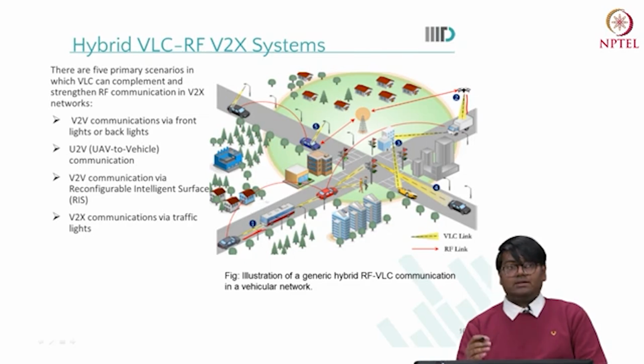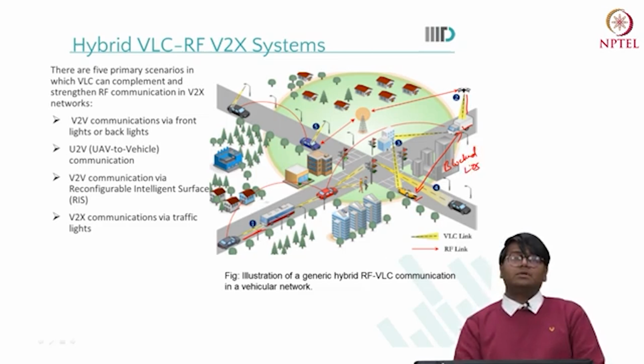The common place where this reconfigurable intelligent surface can be employed is at the road intersection. We see that this vehicle cannot communicate with this vehicle. There is a blocked line of sight communication between these two vehicles.